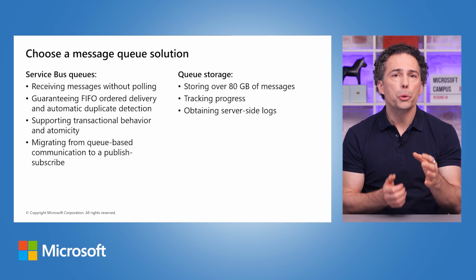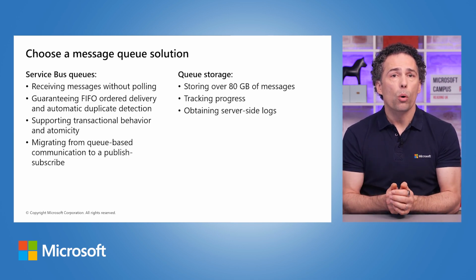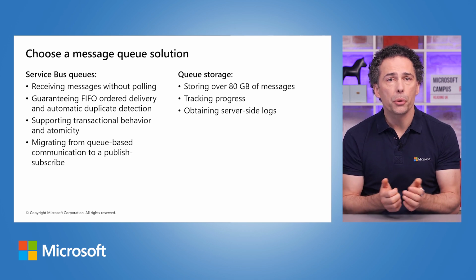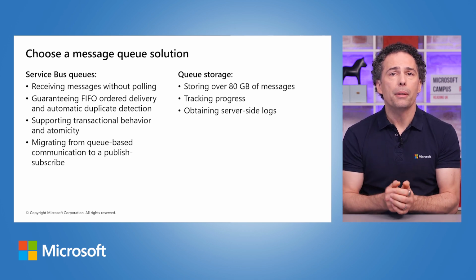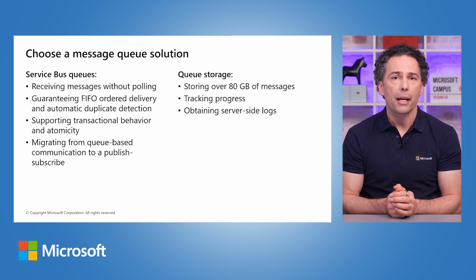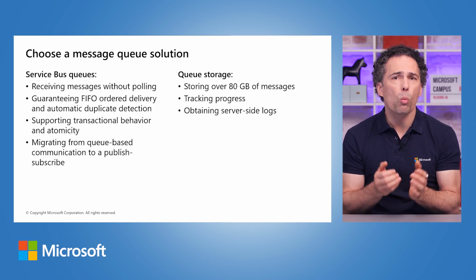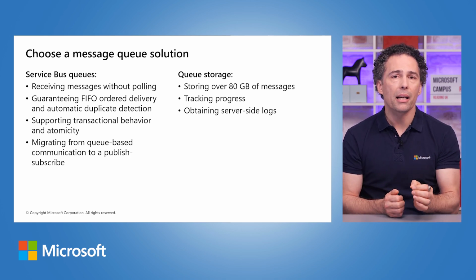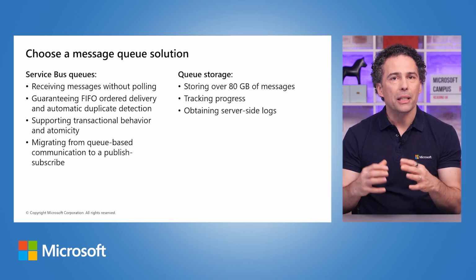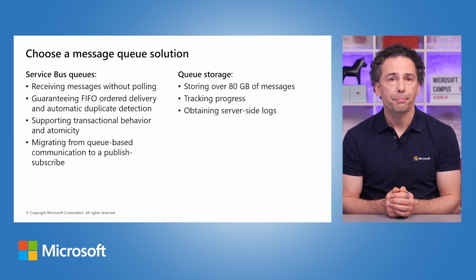You want your solution to support transactions and atomicity when sending or receiving multiple messages from a queue. Or if the application handles messages that can be larger than 64 kilobyte, but will likely stay below the 256 kilobyte or 1 megabyte limit, depending on the chosen service tier. Although Service Bus actually can support and handle messages up to 100 megabyte.